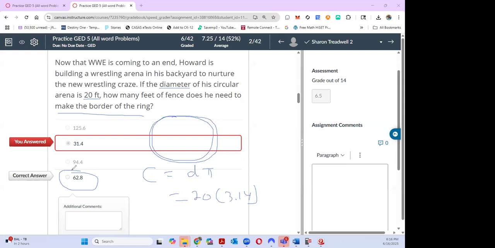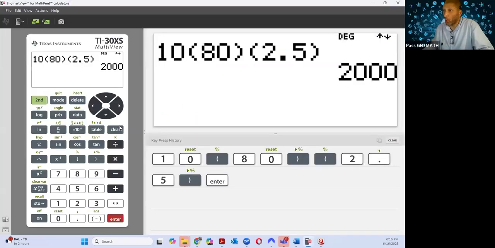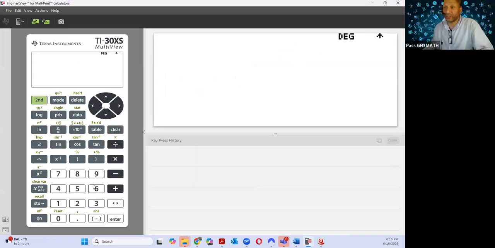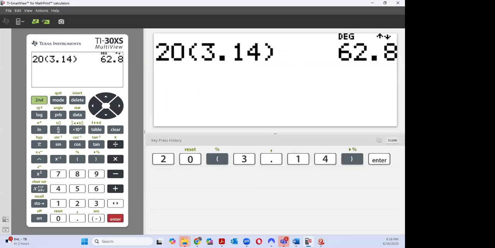I know it's 62.8, and I got it wrong. I can kick myself. Now again, you also could grab your calculator if you want to be sure, but you also should be able to look and know what the answer is. So it was 20 times 3.14.